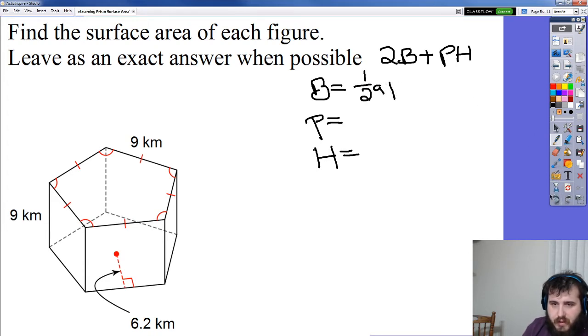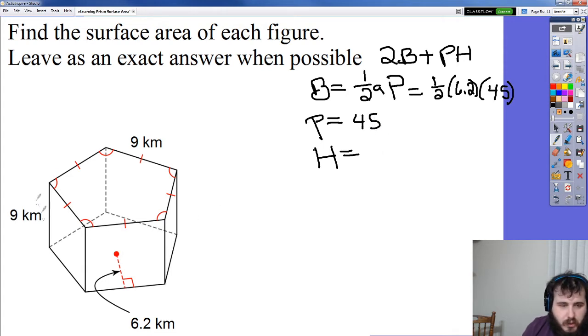Let's make that a P and not a B. I just found the perimeter, 45 again, so I'm going to put that here too.